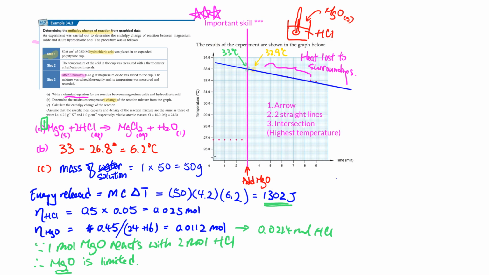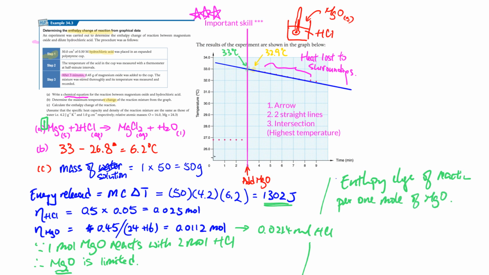So for us, we're going to write down the enthalpy change of reaction per 1 mole of MgO. I write explicitly to tell them that whenever 1 mole of MgO reacts, how much enthalpy change will be done.